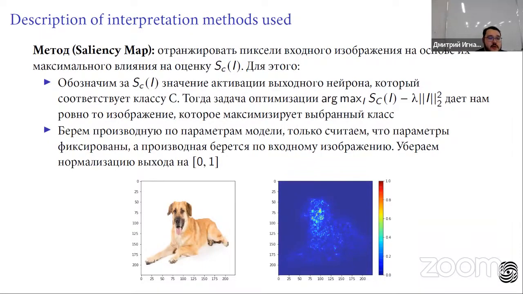Then we aggregate values over the channel and look at which pixels are most important in this image. Here you can see two images. The first one is the dog, and the second one is the saliency map applied to this image.